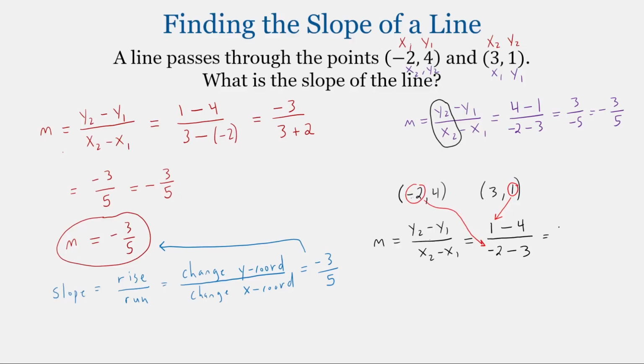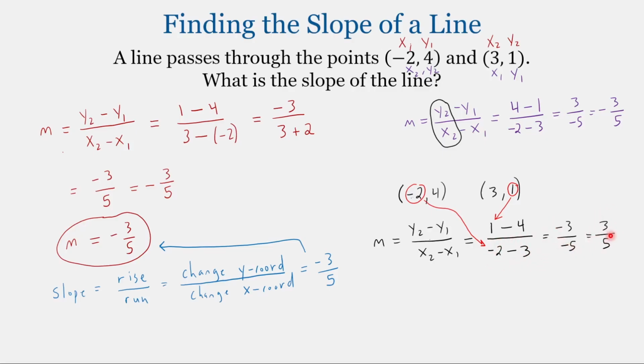We end up with negative 3 over negative 5, which is equal to 3/5. So when we do this, we end up with the same absolute value of the number. We ended up with the same fraction, 3/5, but our sign is incorrect because the sign of one of these arithmetic steps will be wrong, because what we're subtracting is flipped.